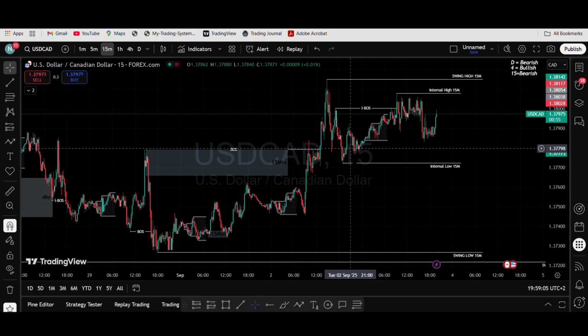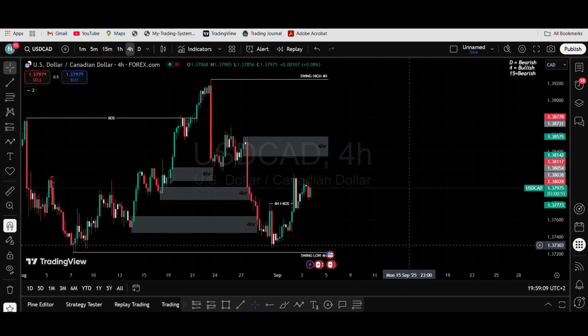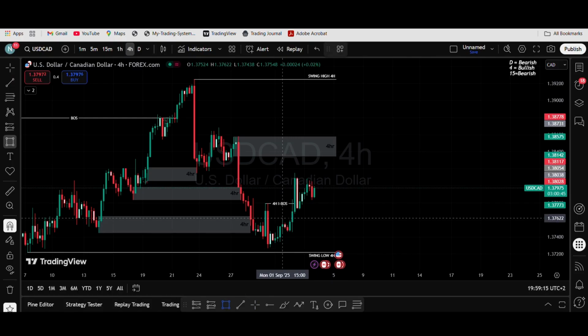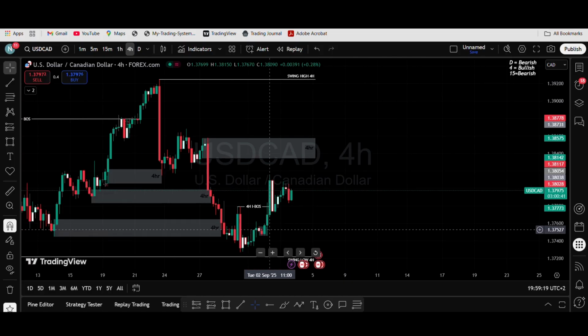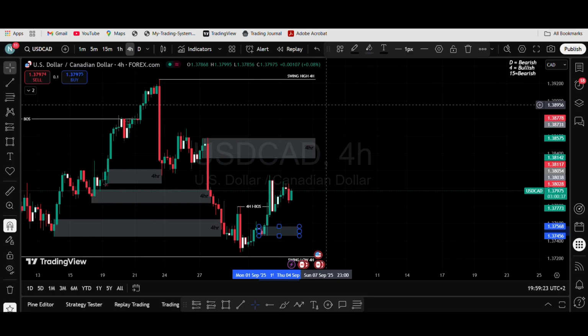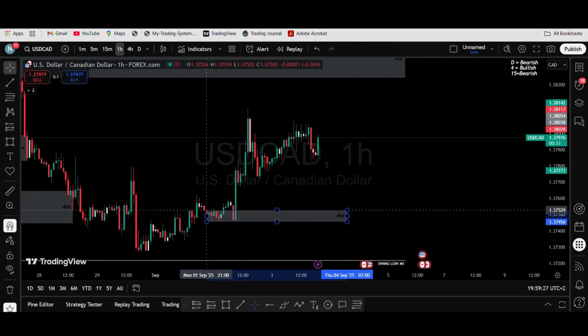We didn't pull back deep into this 15-minute. See a little bit in there. Probably make a better 1 hour PY in here in terms of pivot, right? Like this here.